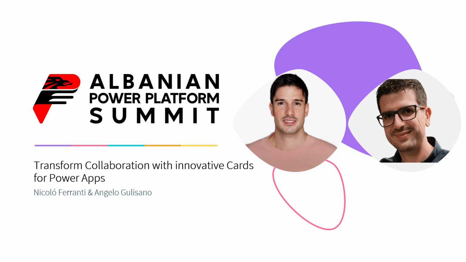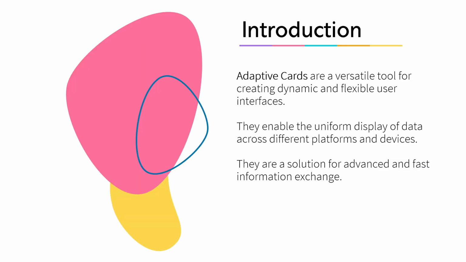First of all, we are going to start with an introduction to adaptive cards in general. Then we are going to explore cards for Power Apps, this new feature. And at the end, we are going to talk about other features that cards for Power Apps offer to us for this scenario. So I leave the stage to Angelo to start to talk about adaptive cards.